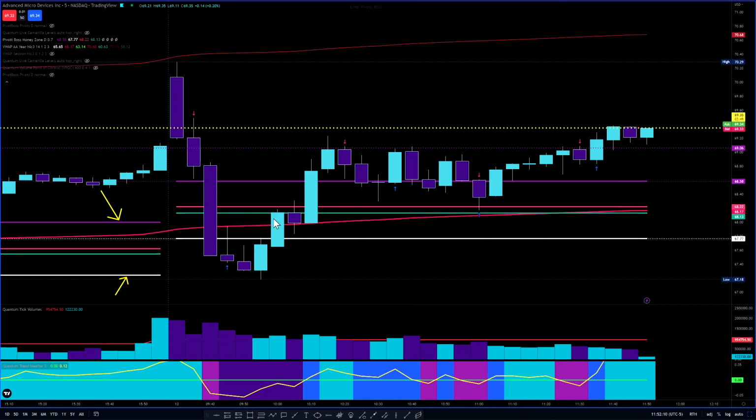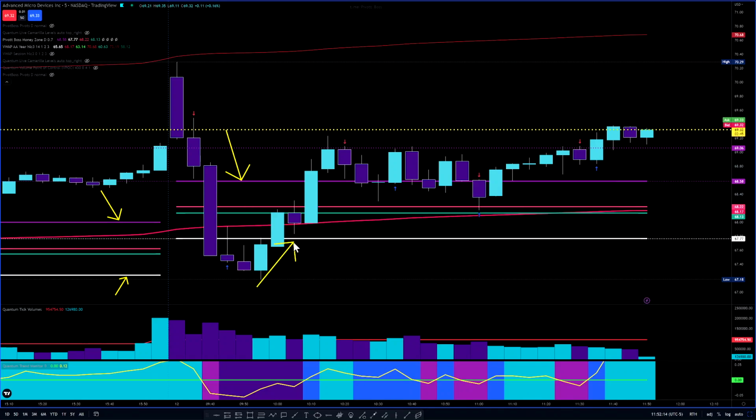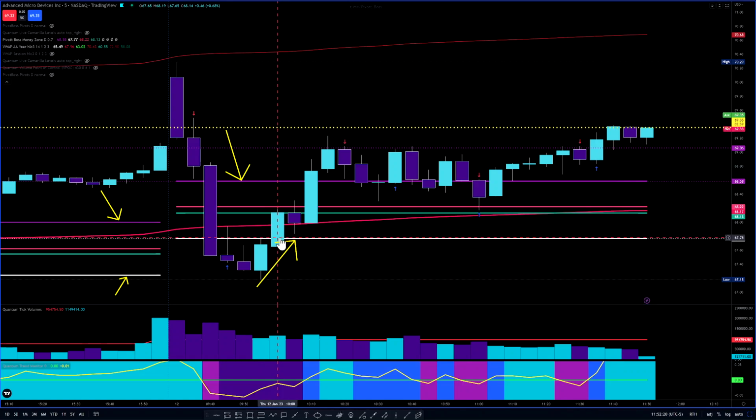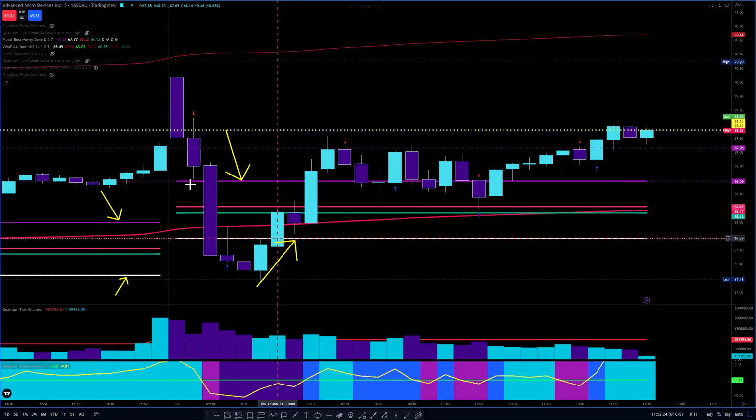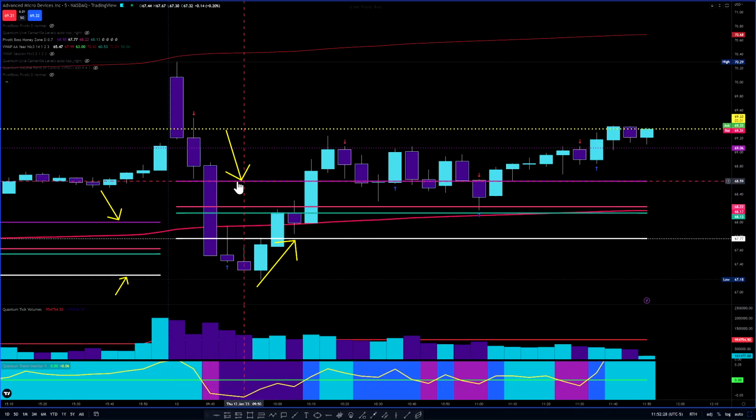Today's value area low is now 67.76 and the value area high is now 68.59.